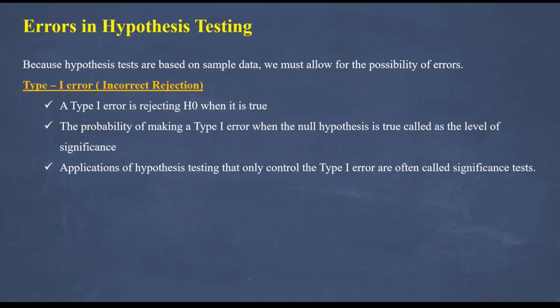So a type 1 error is rejecting H0 when it is true. That's why it is called incorrect rejection. The probability of making a type 1 error when the null hypothesis is true is called the level of significance. Applications of hypothesis testing that only control the type 1 error are often called significance tests.